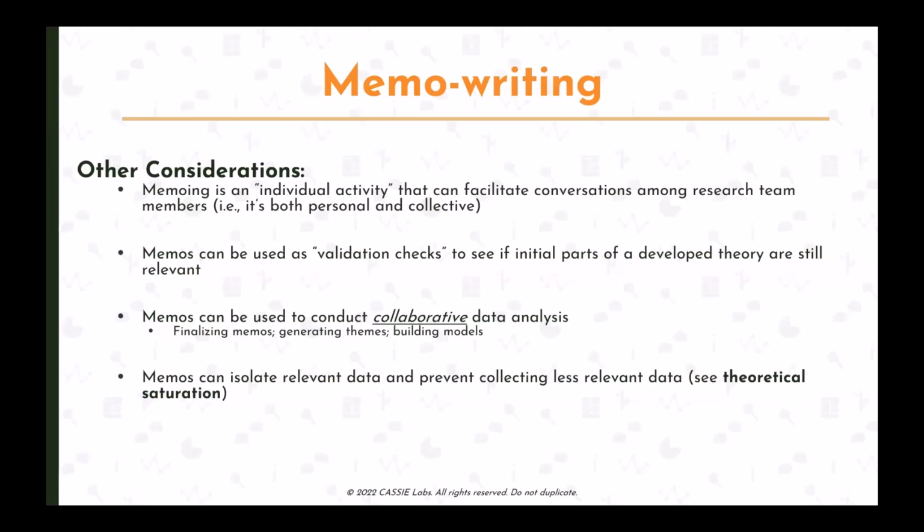Memos, again, they can isolate the relevant data, but they can also be clues about what's not that important to focus on. Because depending on the theory that's being developed, based off of what we're observing through this process of induction and iteration, we might find that some concepts were important at first, but now it really doesn't play that big of a role.